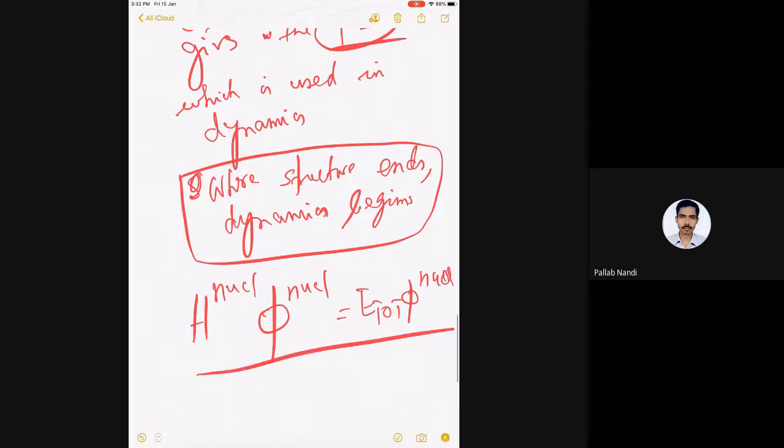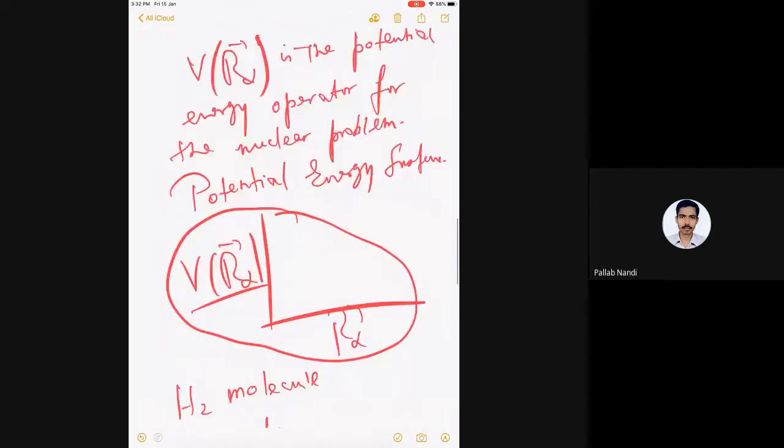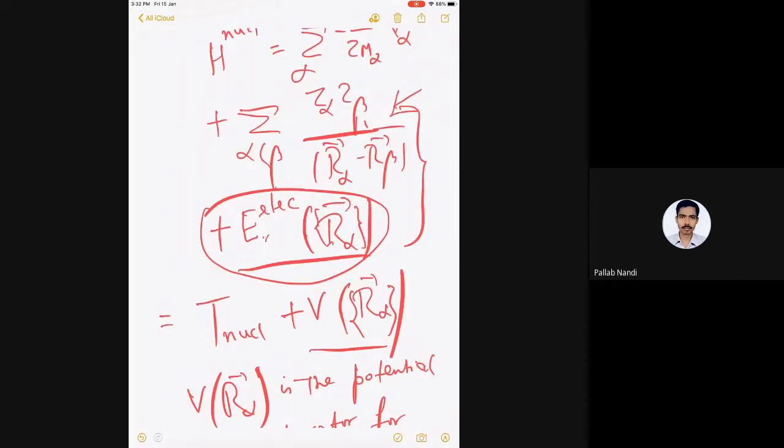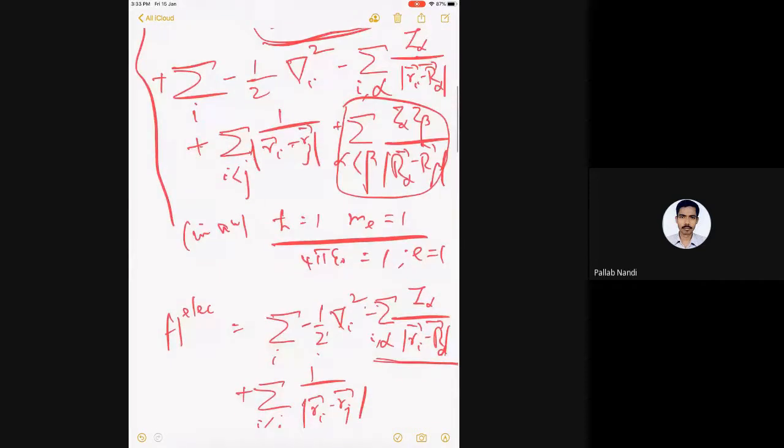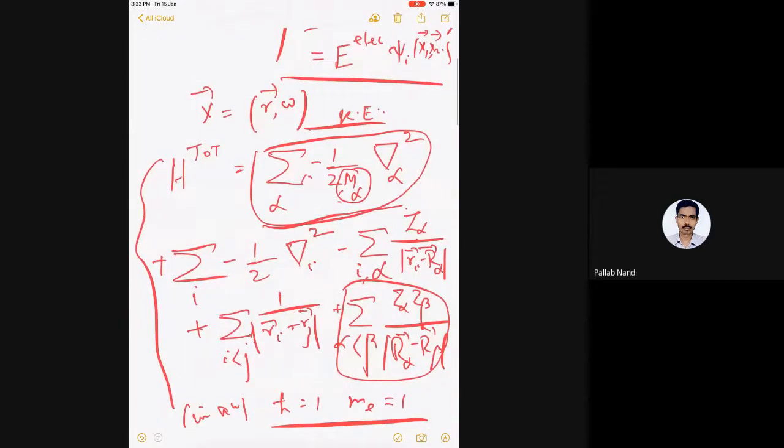So you can actually calculate the total energy from the solution of this, because this now has everything. If you remember, this H nuclear contains the kinetic energy of the nuclei. It contains the electronic energy as a function of R alpha. So all the electronic kinetic energy, electron nuclear attraction, electron repulsion, everything is included here. And then of course nuclear repulsion. So that quantity actually consists of all the 5 terms.